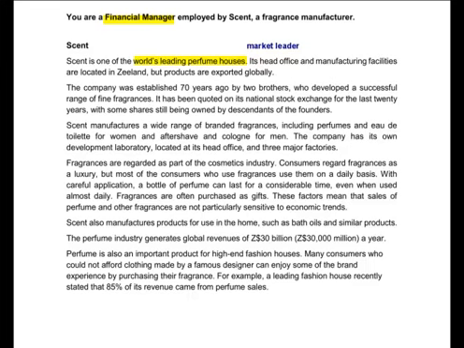And then it goes on to say that our head office and manufacturing facilities are located in Zealand, but our products are exported globally. Now, think about that. Obviously, it will be easy for us to sell and to transport goods in Zealand, but what happens when we export globally?